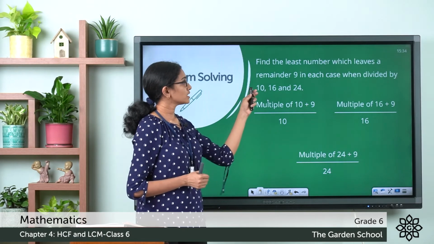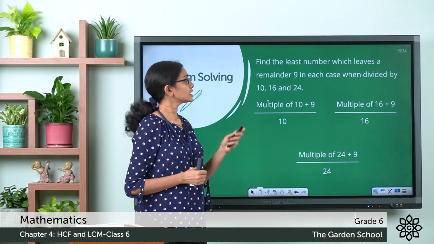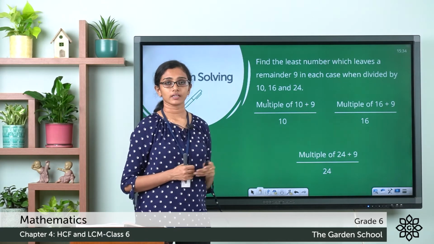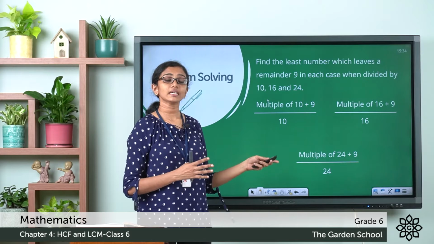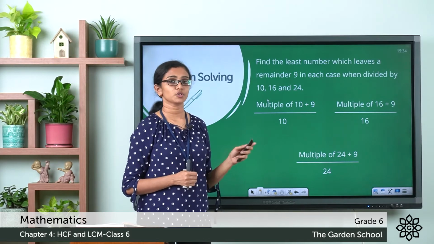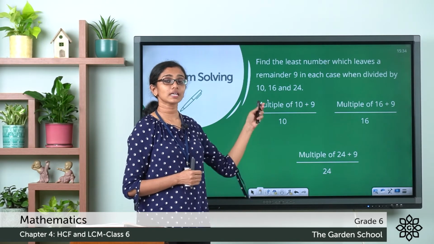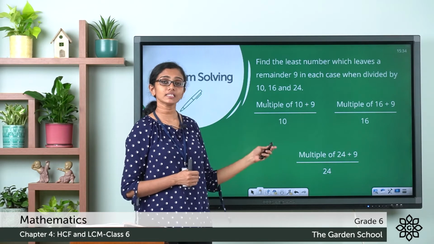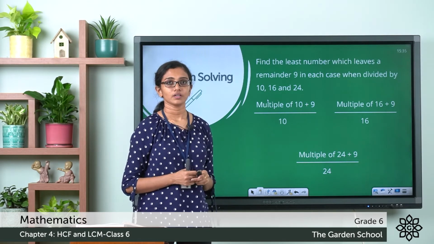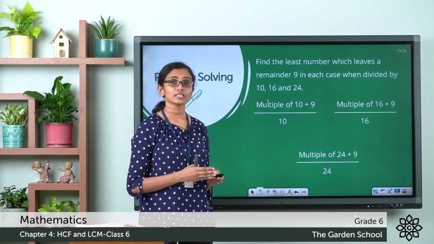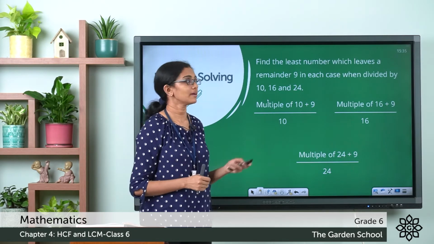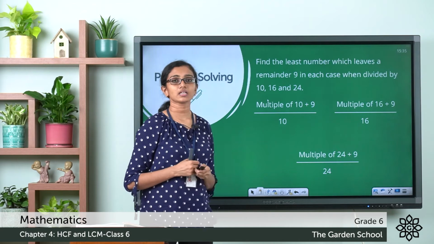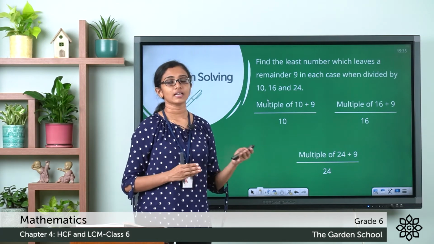And it is mentioned you have to find the least number which leaves a remainder 9. So that should be the least common multiple. It should be a common multiple, and if it has to be the least number you are required to find, then you are supposed to find the least common multiple. So what you have to find? You have to find the least common multiple or LCM of 10, 16 and 24 plus 9. Why?